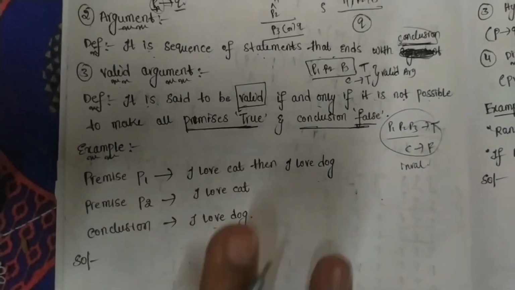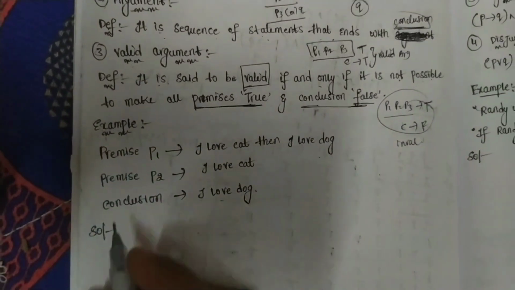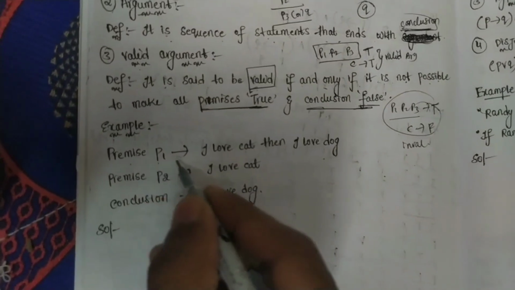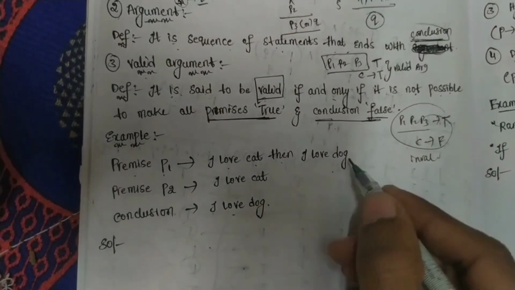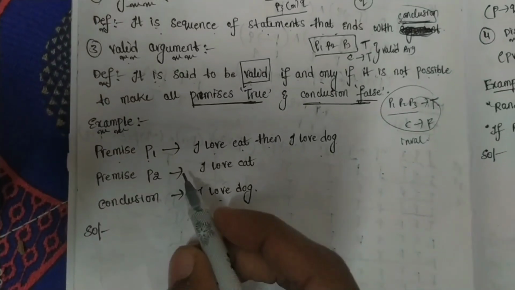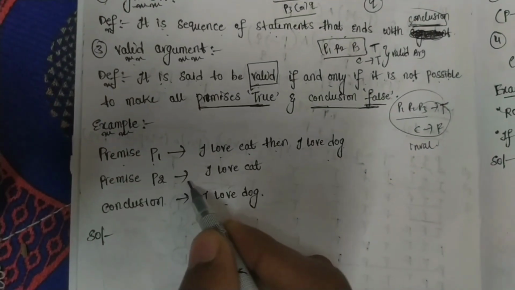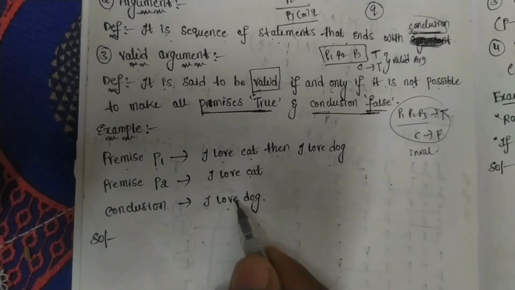Let us consider an example. The given premise P1 is: if I love cat, then I love dog. Premise P2 is: I love cat. The conclusion is: I love dog.